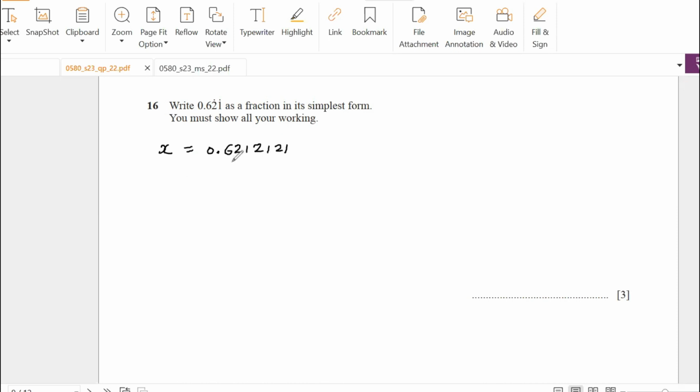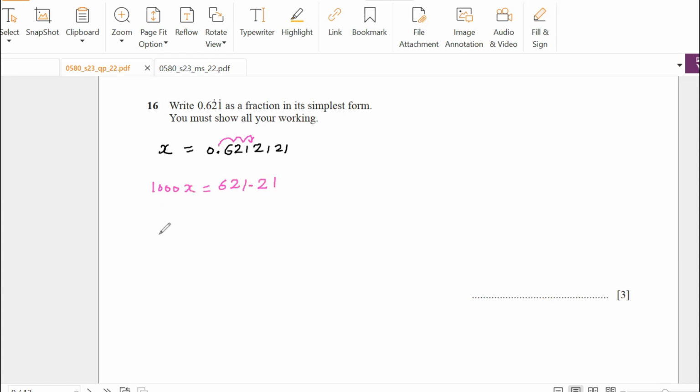And remember, we ask after how many places 21 comes, from the decimal to the right. 1, 2, 3 places. It means I would multiply by 1000 to move the point 3 places right.